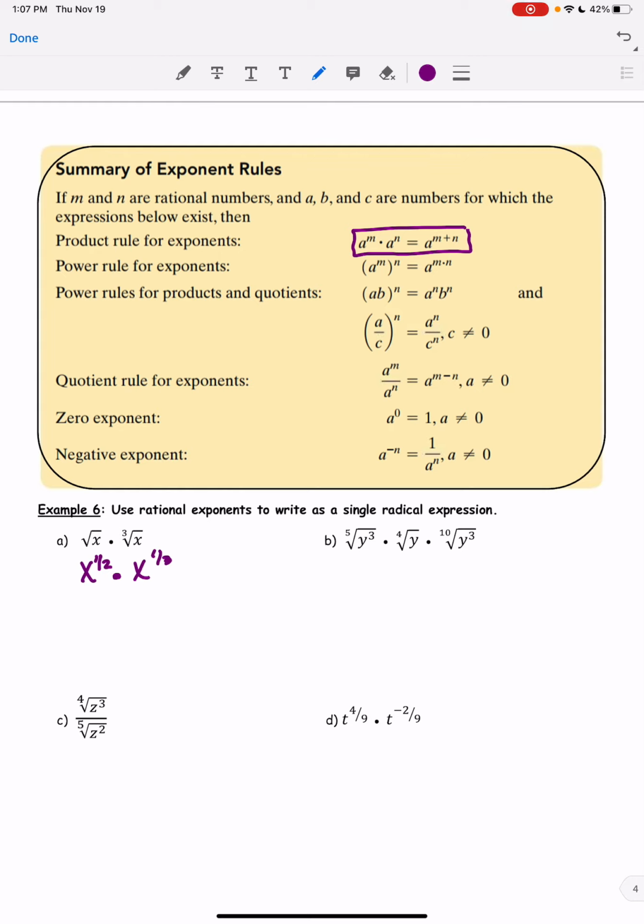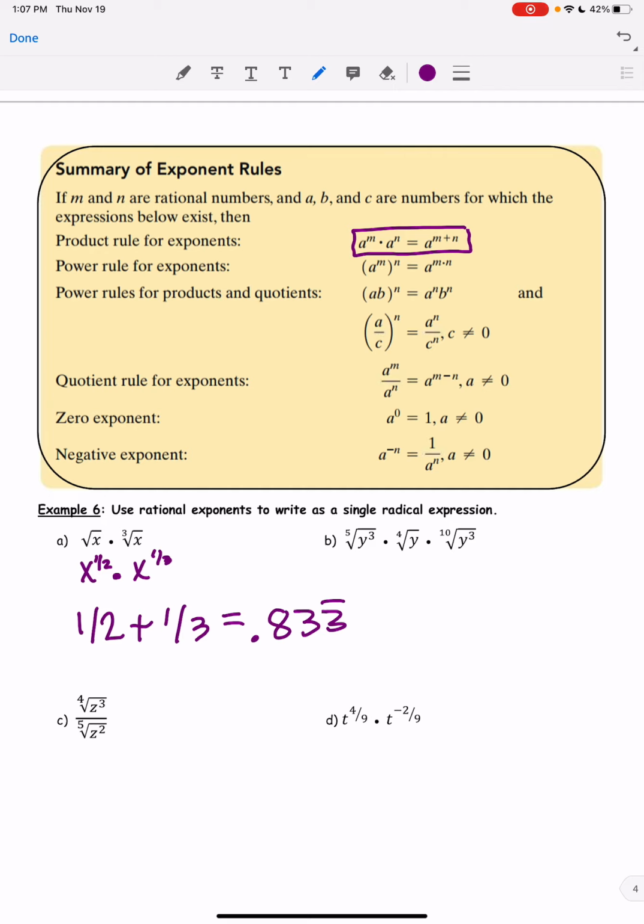So in your calculator, if you just do 1 divided by 2 plus 1 divided by 3, you will get, I think, 0.83 repeating. These decimals don't help me at all.